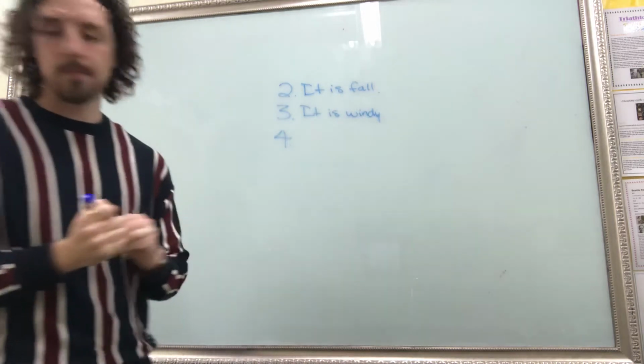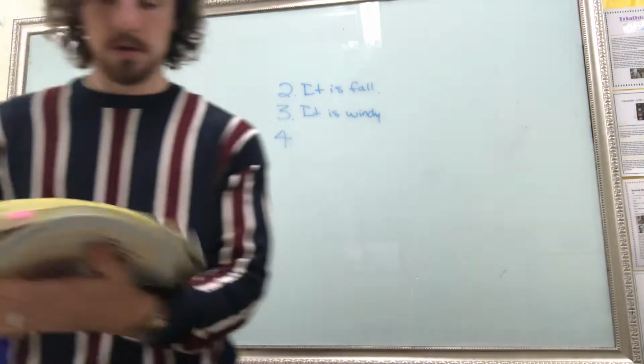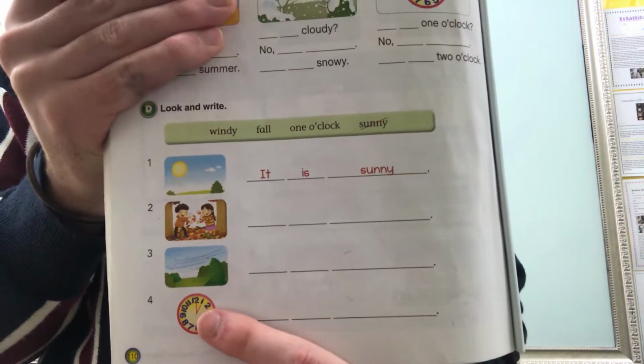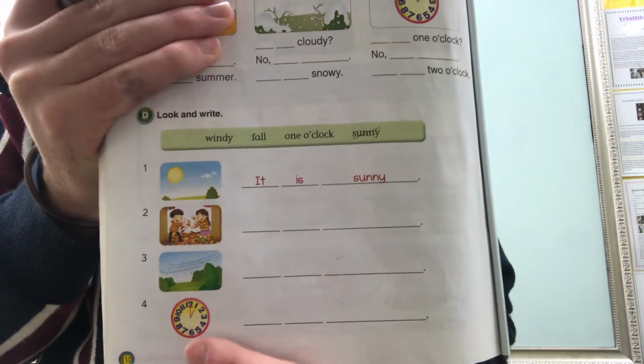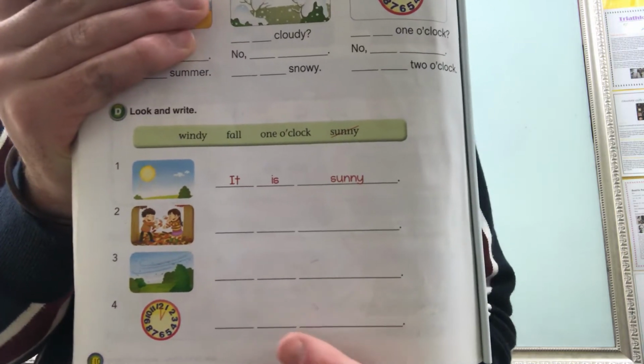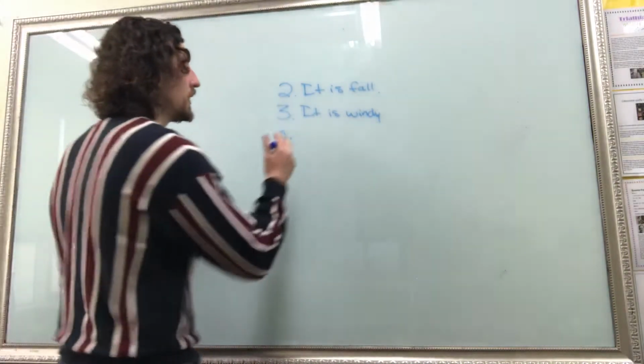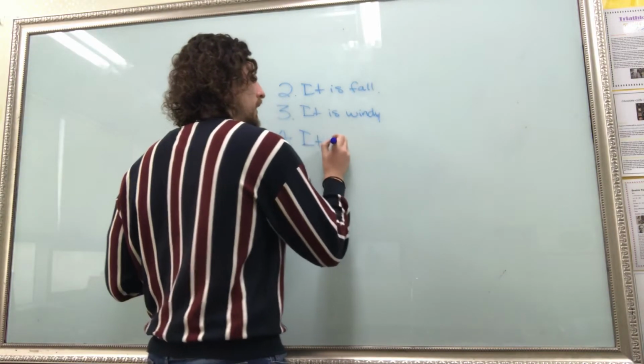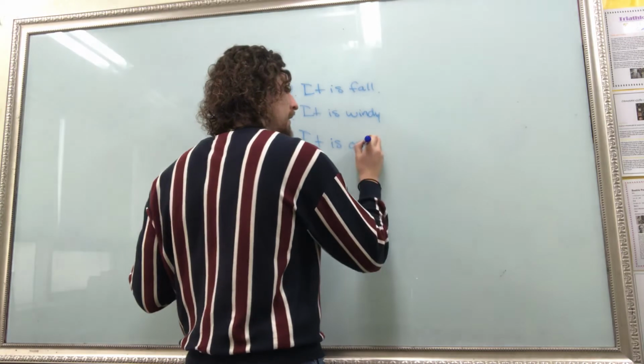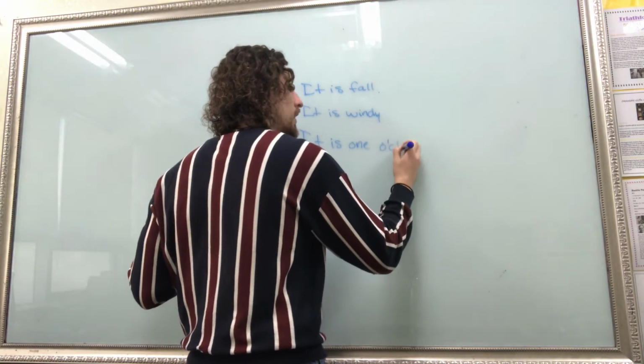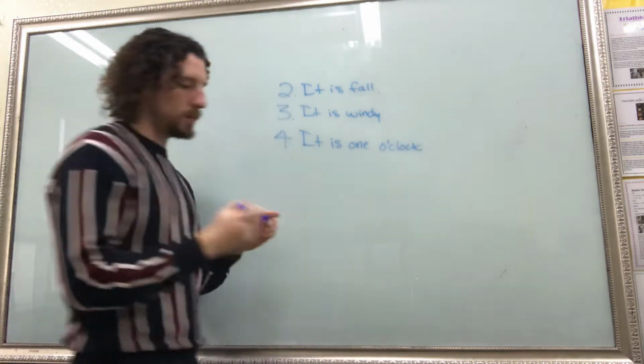Number 4, we're looking at a time. That is 1 o'clock. The little hand is on the 1, so that is 1 o'clock. It is 1 o'clock. There you go, 1 o'clock.